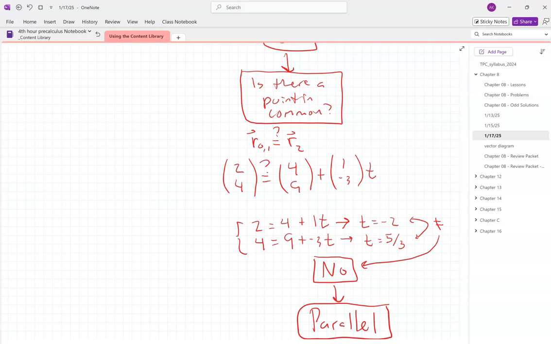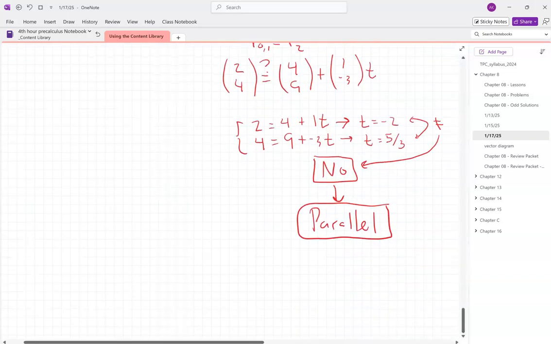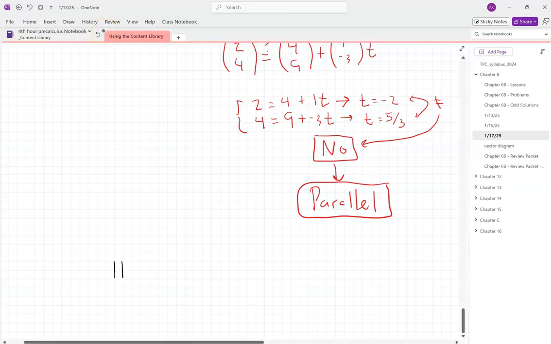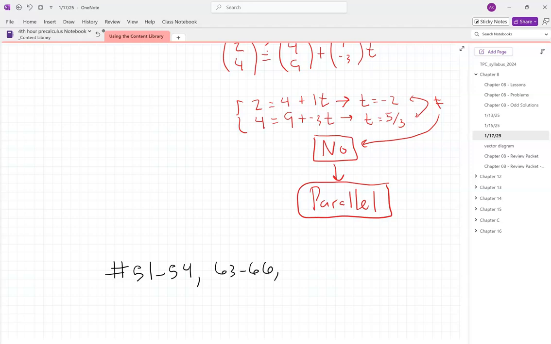Again, not too bad. I think the flow chart really helps in terms of collecting what it is you're doing and the order that you're doing things. So for next time, your homework from this section is numbers 51 through 54, and then 63 through 66.